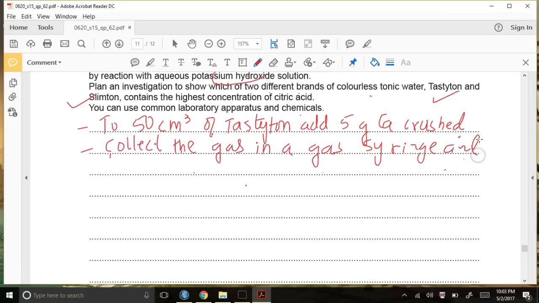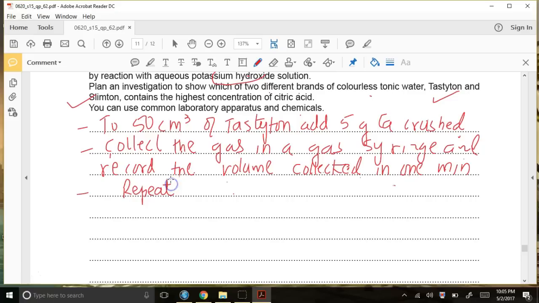And record the volume collected in 1 minute. This could be variable, 1 minute, 2 minutes. We're going to repeat with the other sample, which is Slimton, and compare the volumes.